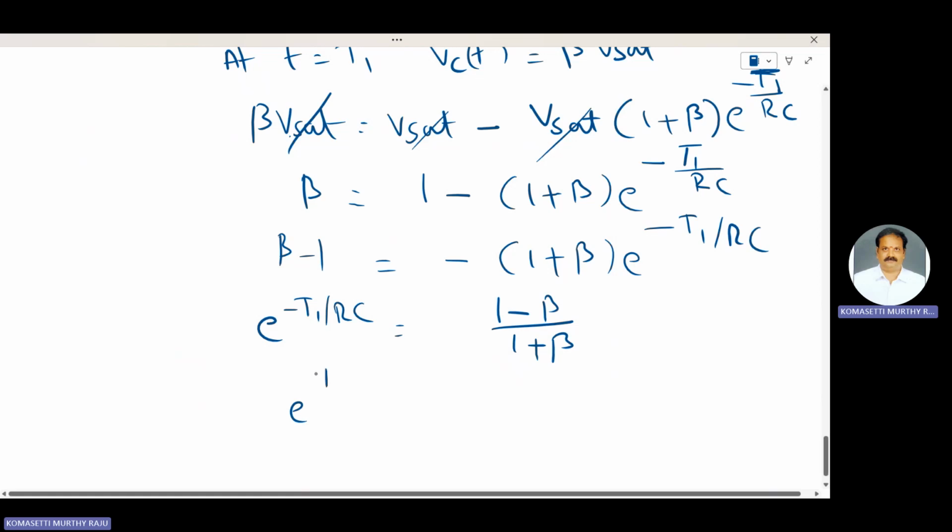Changing this, e power T1 by RC is equal to (1 plus beta) by (1 minus beta).